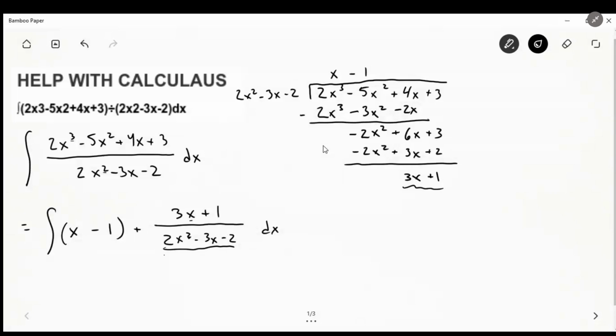And just to save us some time, that is going to be the same as 2x plus 1 and x minus 2. And if you multiply that out, you'll get this as the denominator. I trust you know how to factor.